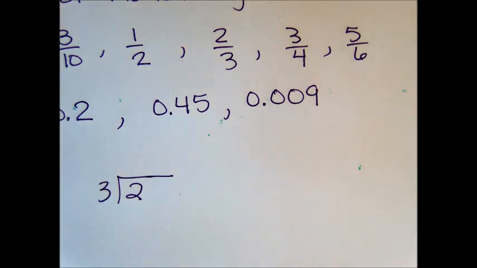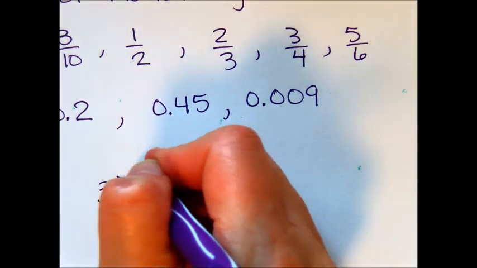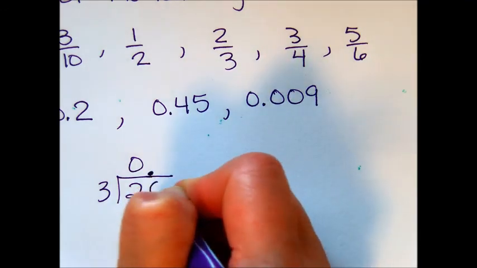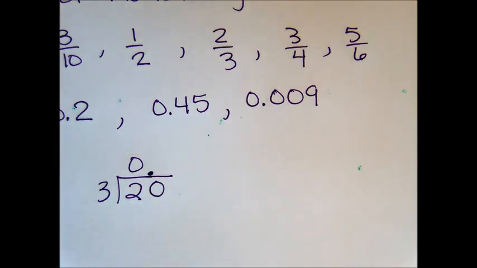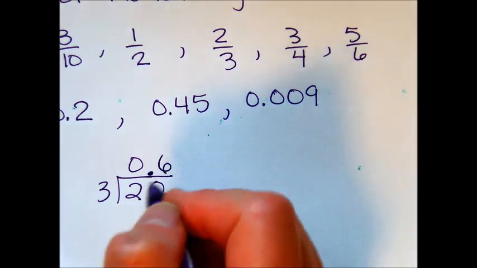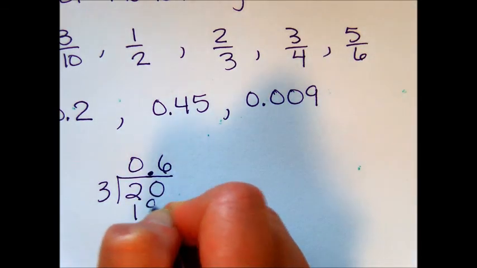Now, 3 doesn't go into 2, so we can put a 0 up here. We're going to add a decimal point and a 0. Now we can ask ourselves, how many times does 3 go into 20? It goes into 20 6 times. 6 times 3 is 18.